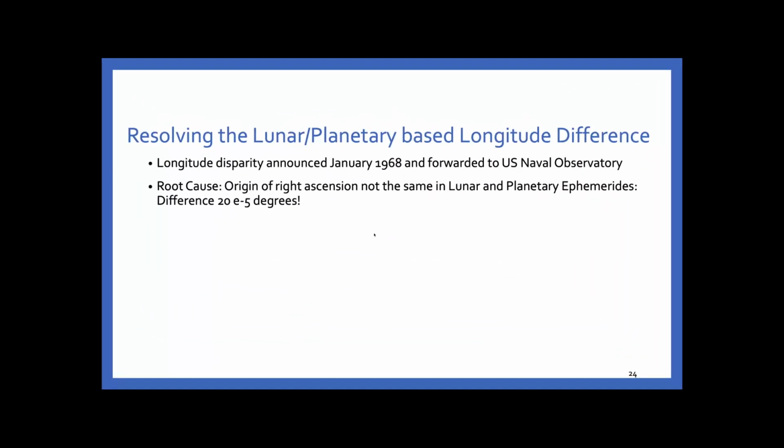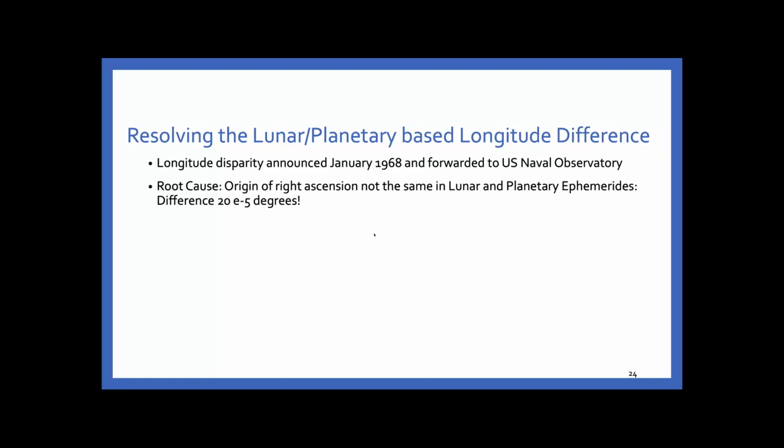So we need to resolve this lunar and planetary-based longitude difference. One of the engineers, scientists here who was responsible for developing the planetary ephemeris, forwarded this enigma to an astronomer at the U.S. Naval Observatory, Tom Van Flandern. And he understood how our lunar ephemeris and our planetary ephemeris were derived.